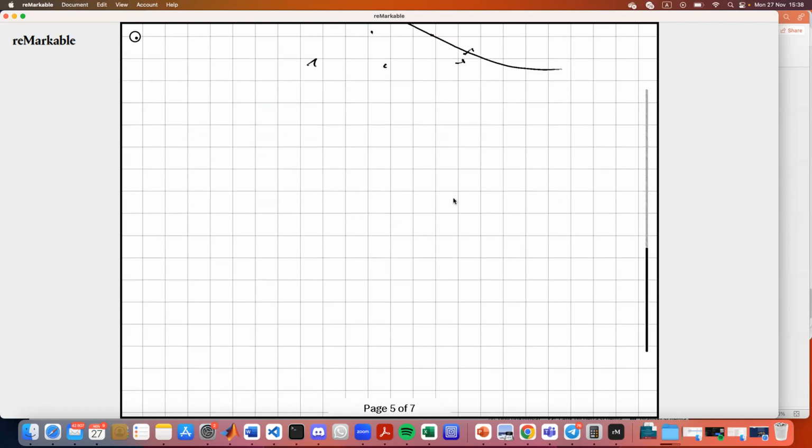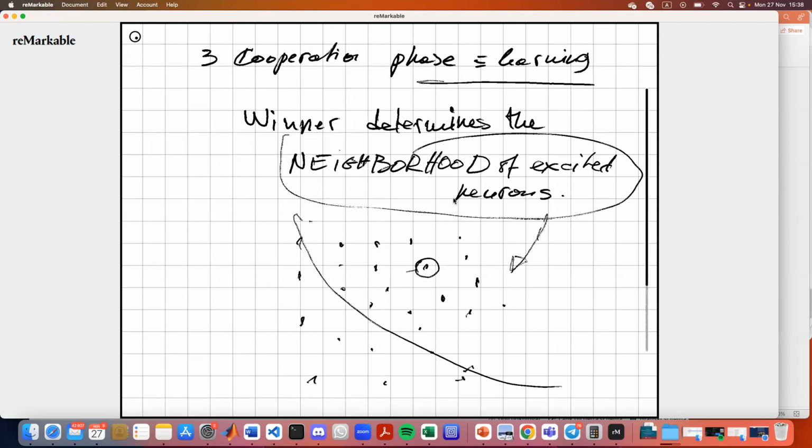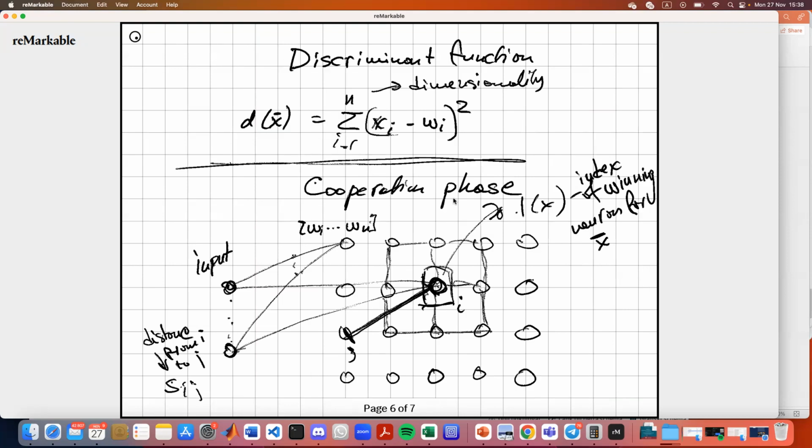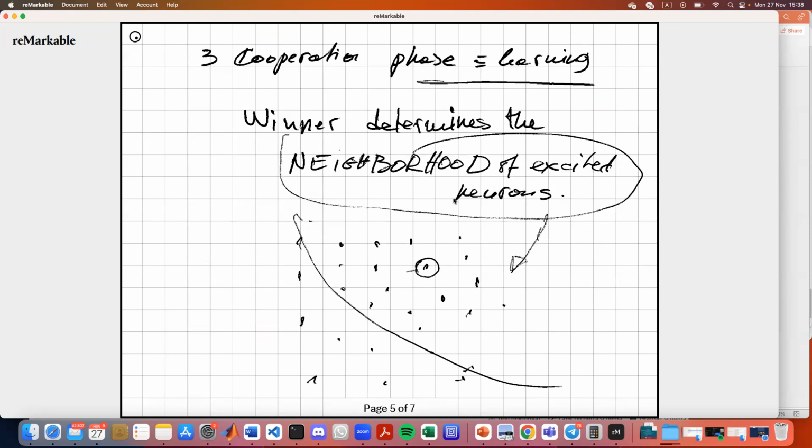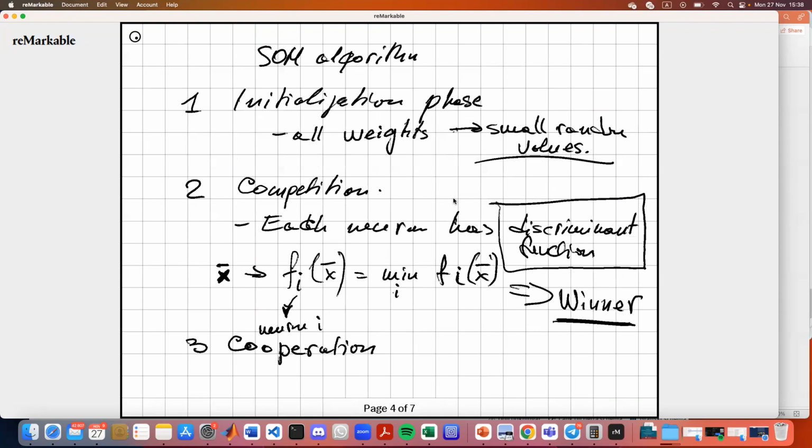The soft phase. The competition. So you determine the winning node, and you keep track of the labels that hit this node. So you basically do extra bookkeeping.